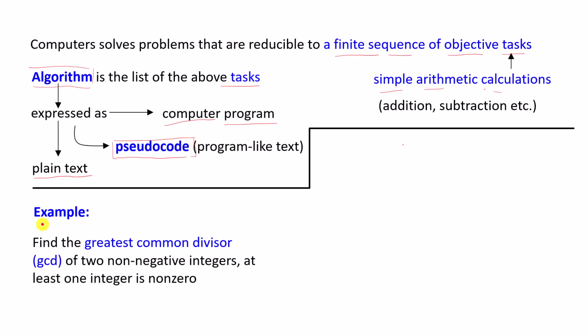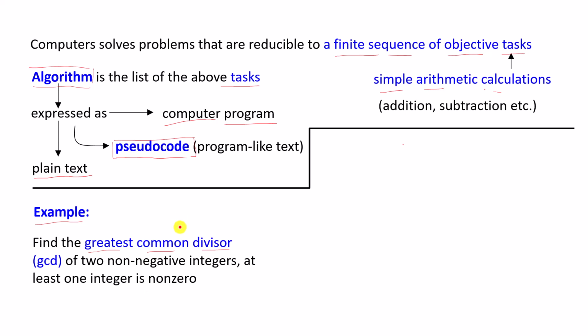So let us take an example. Our example problem is finding the greatest common divisor, or GCD, of two non-negative integers, where at least one integer is non-zero. The GCD and how to calculate it you already know from high school, so there is no mystery there.